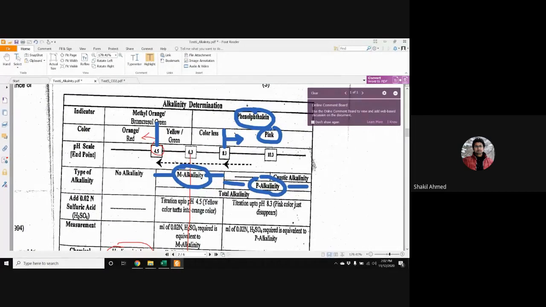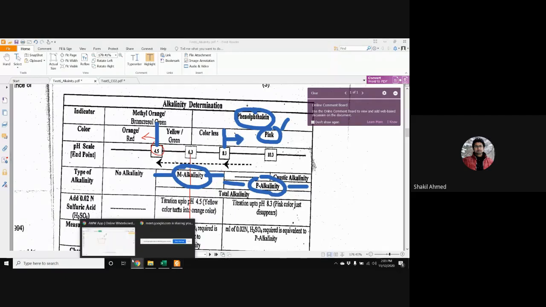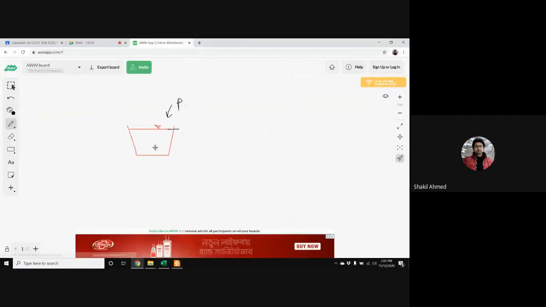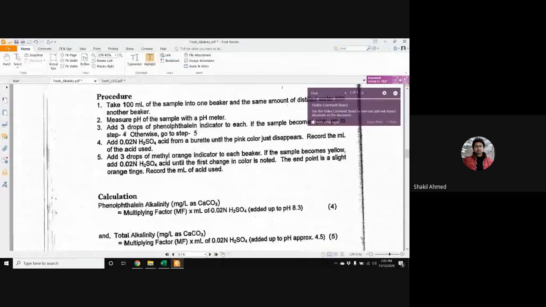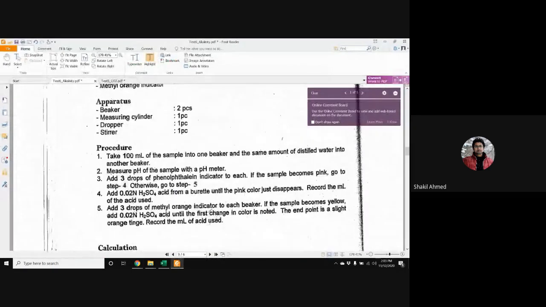Now, after addition of phenolphthalein indicator, if you saw that your water turned pink, that means you are greater than 8.3. Then from the burette, you add sulfuric acid, or other type of acid you can use.